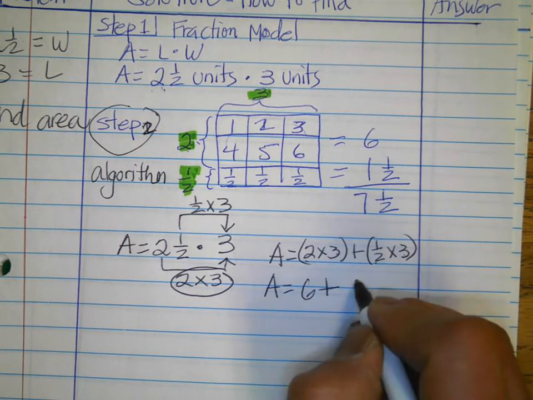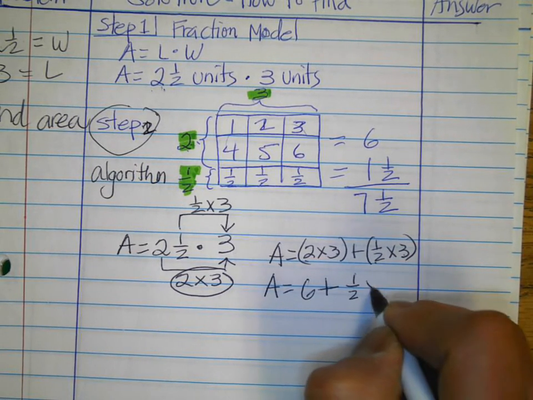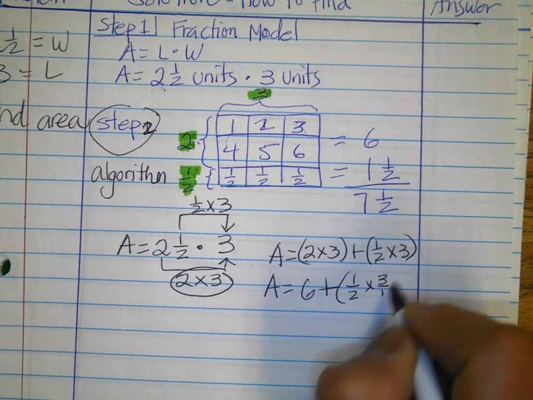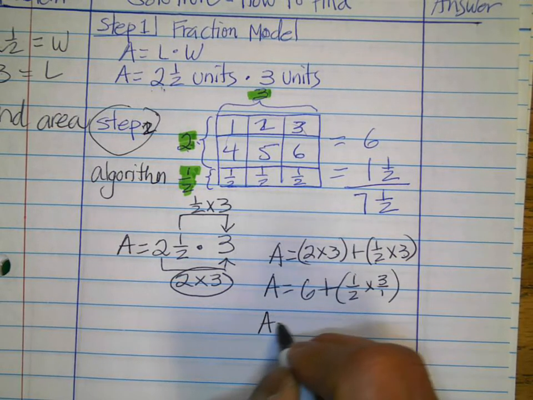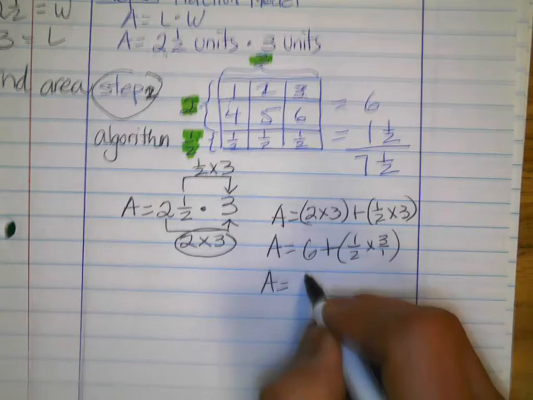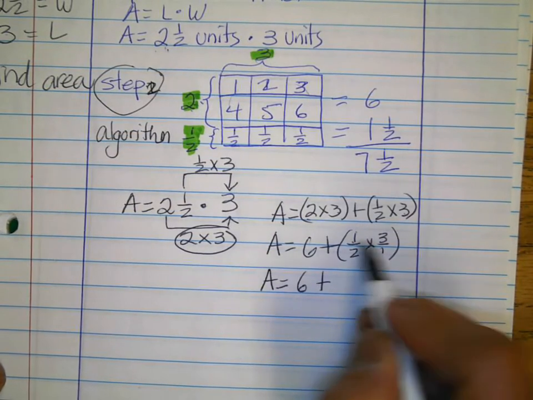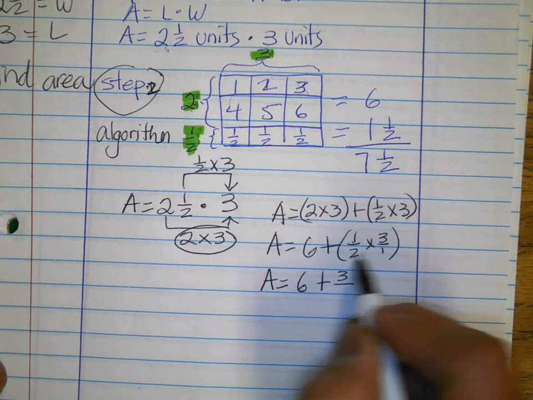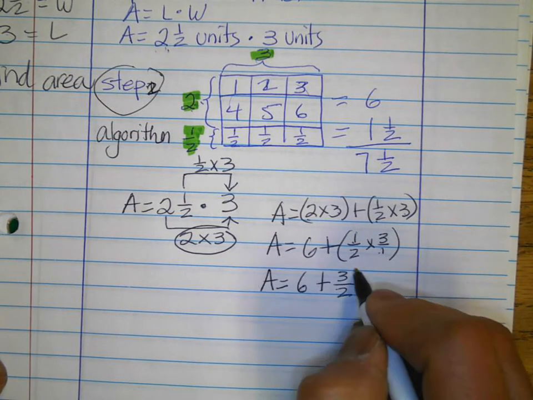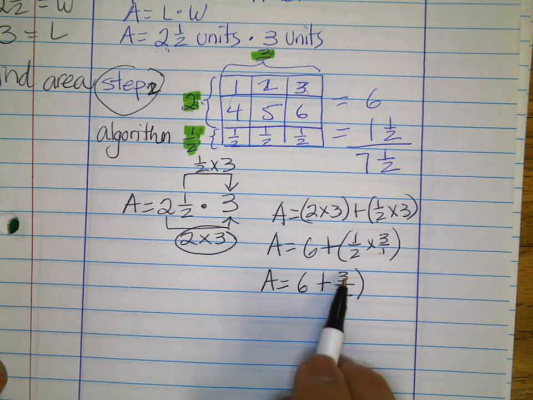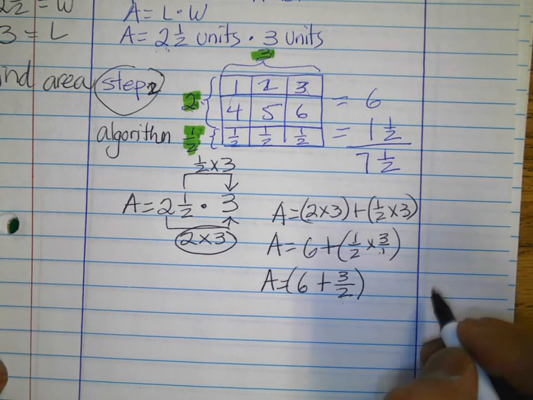And remember, 1/2 times 3 is 1/2 times 3 over 1, which is going to equal 6 plus 1 times 3 equals 3, and 2 times 1 equals 2. And if we simplify this one, 3 over 2 is a division.